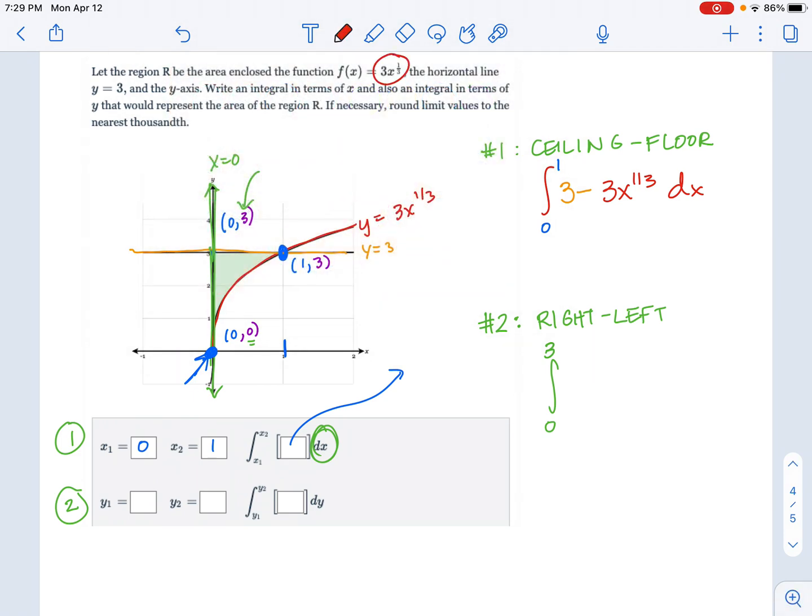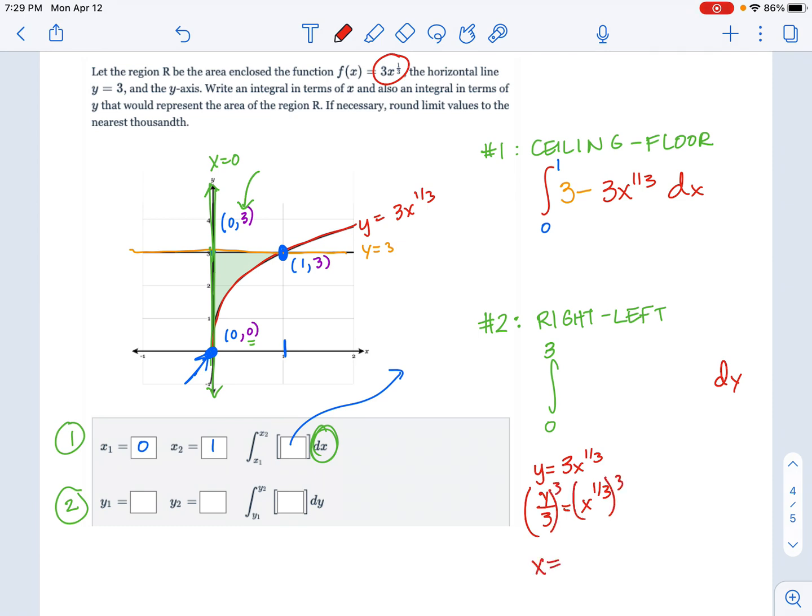Okay, now they gave it to me as y equals 3x to the 1/3 power, but that's no good. I need to turn that into x equals format in order to put it into my integrand here for number 2. So I'm going to divide y by 3 on both sides, and then I'm going to cube everything.